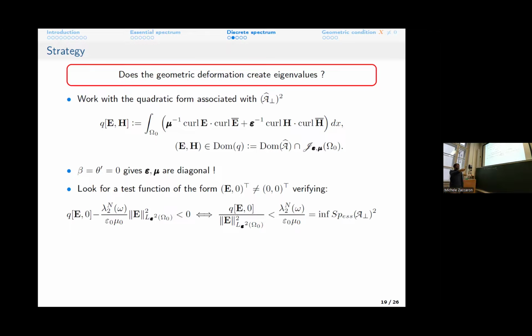And let me comment on why the bottom of the essential spectrum of this operator is exactly this. Well, first we assume beta to be zero. Yes, we also work on the orthogonal, on the reduced operator. And this is very important because the spectrum, as I showed you, passing to the squared, we have this A star A squared.